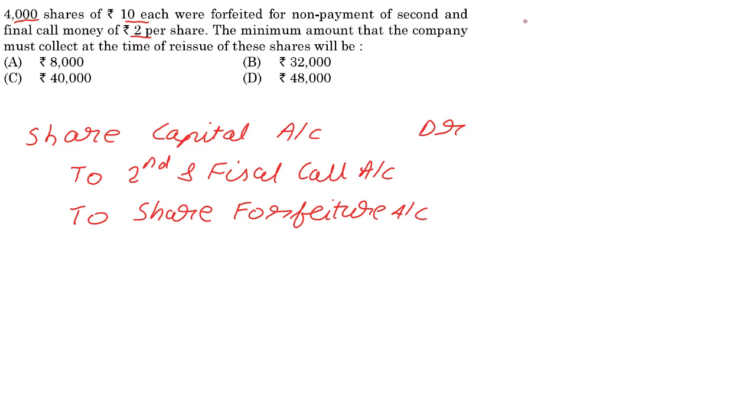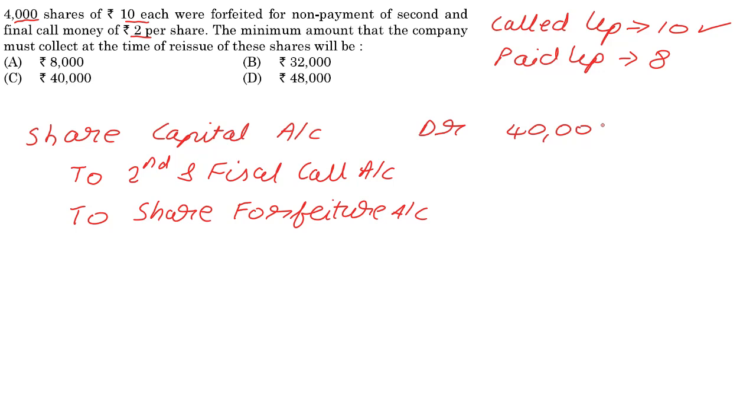All right, so the called up value is a full 10 and the paid up value is 8. Now 10 rupees per share into 4,000 shares, we are debiting the share capital account by 40,000.